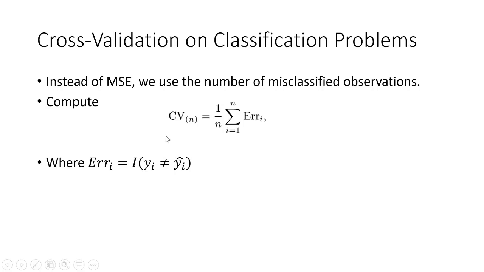The formula is almost the same as the MSE, except that instead of the actual value minus the predicted value, we now have an error indicator, which is 1 when the actual value is not equal to the predicted value. So let's say you predict 1 and the actual is 0. This is not equal, so it becomes 1. In total, we get the average of the misclassified observations, or the misclassification rate.